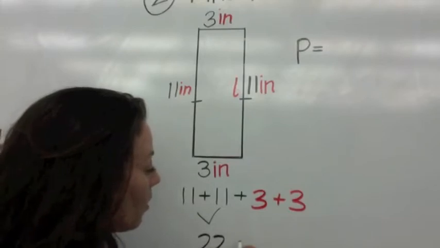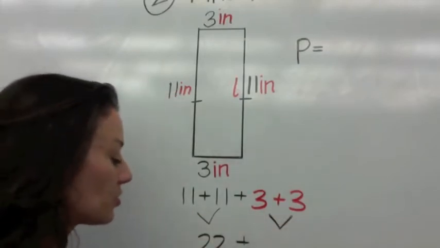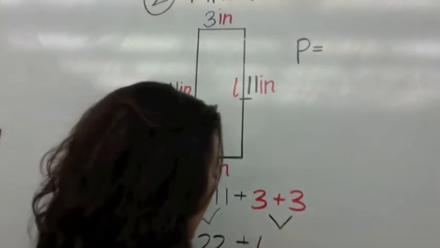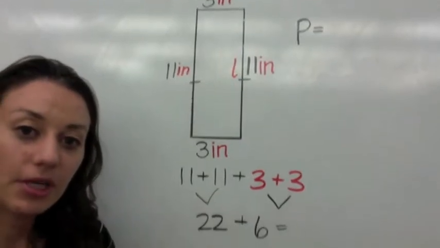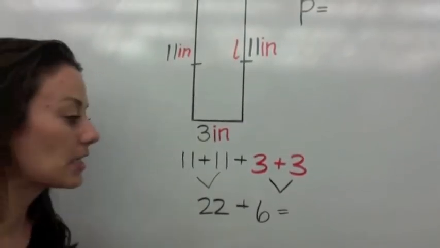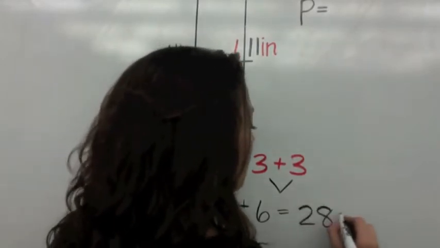Plus 3 plus 3, because you can only add 2 numbers at a time. 3 plus 3 is 6. So 22 plus 6 is 28. That is right. And this would be 28 inches.